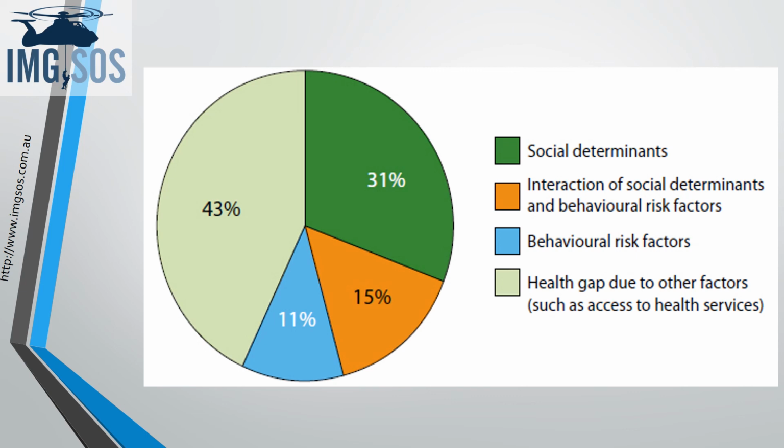The majority of their issues are to do with the social determinants of health that we've discussed: education, employment, genetics, family history, health literacy, things like that. Behavioural risk factors such as smoking or obesity or exercise, and the interaction between the two. If you actually look at those things, they make up the majority of the issues.